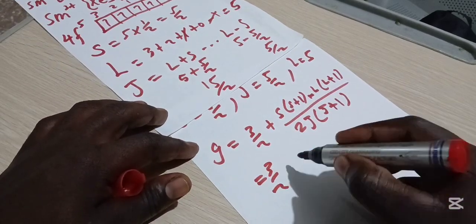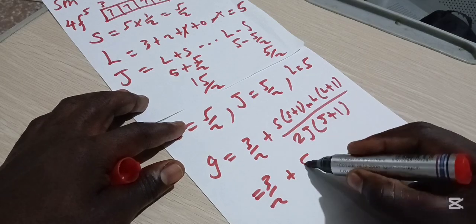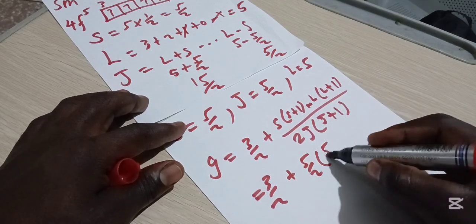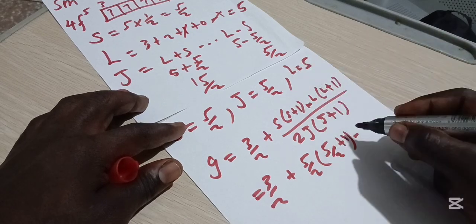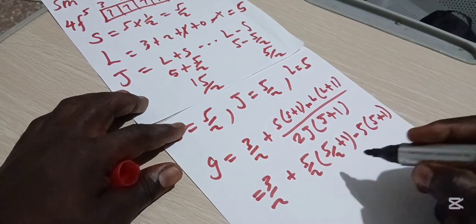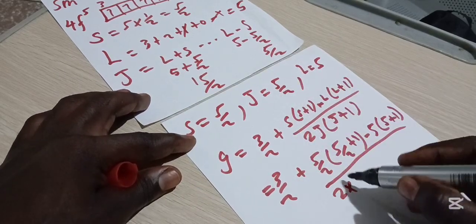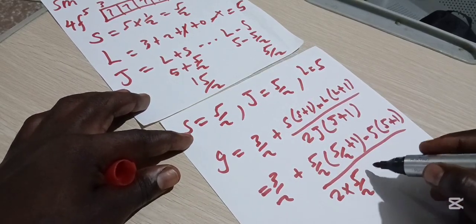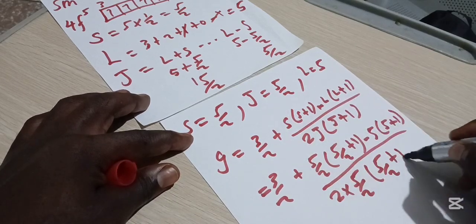We have 3 on 2 plus S, and our S is 5 on 2, so 5 on 2 into bracket 5 on 2 plus 1, minus L, and our L is 5, so 5 into bracket 5 plus 1, all over 2J. Our J value is 5 on 2, so 5 on 2 into bracket 5 on 2 plus 1.